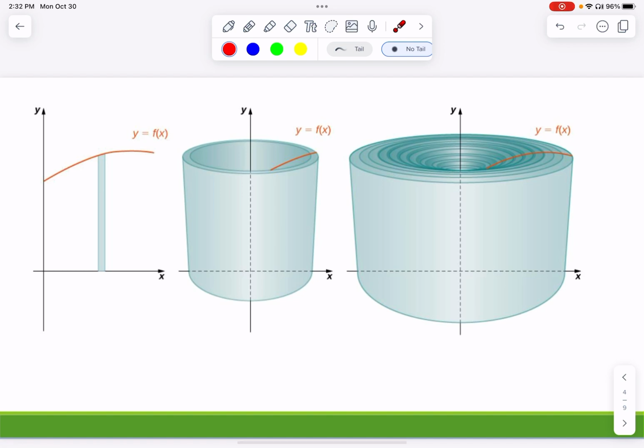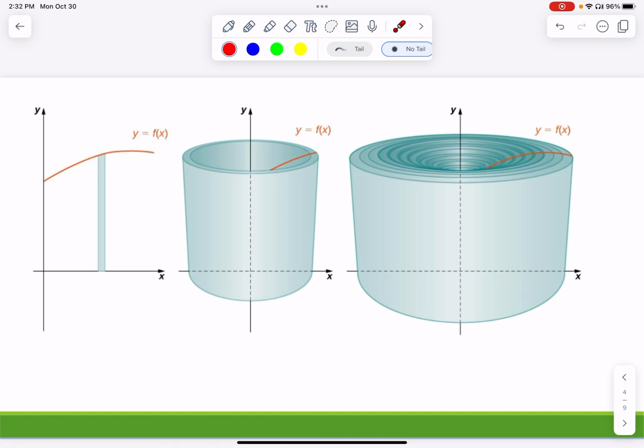Now, what if I have a bunch of different cylinders that we're revolving around, and then this distance gets so small that we just basically have a bunch of cylinders that we're adding together to find the volume.